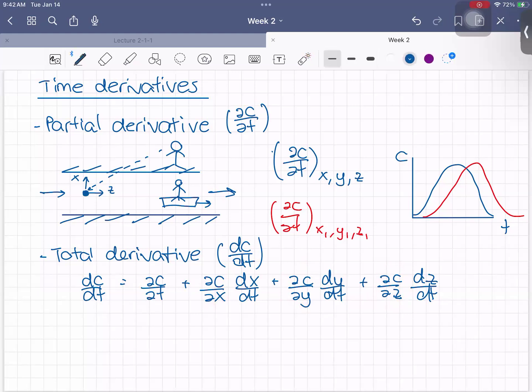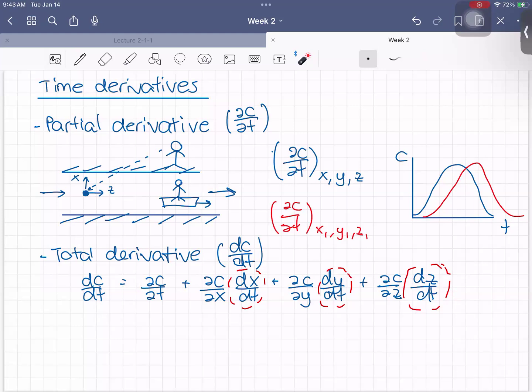And the terms dx by dt, dy by dt, and dz by dt are actually the change of location of the observer with time, because he's moving at a different speed from the speed of the flow of liquid in the river. So dx by dt is the change of position in the x direction with time, and likewise for the y and z directions. The observer is moving at a different speed from the flow of fluid.